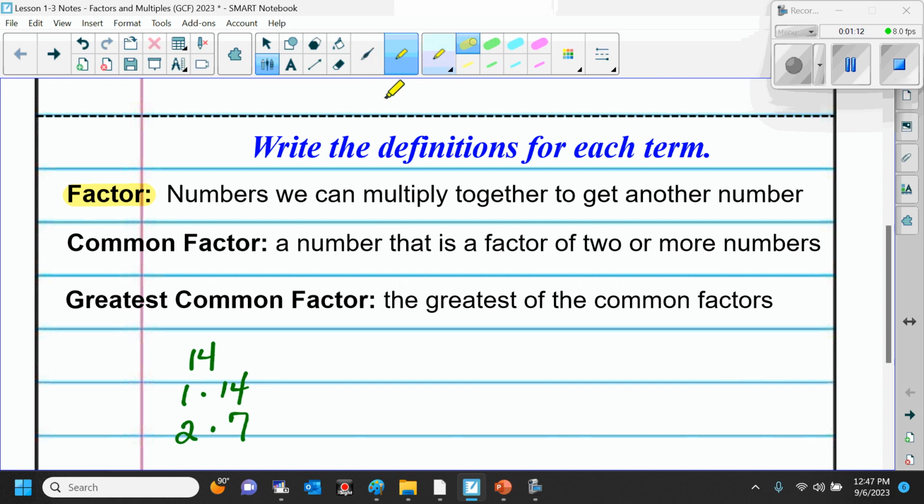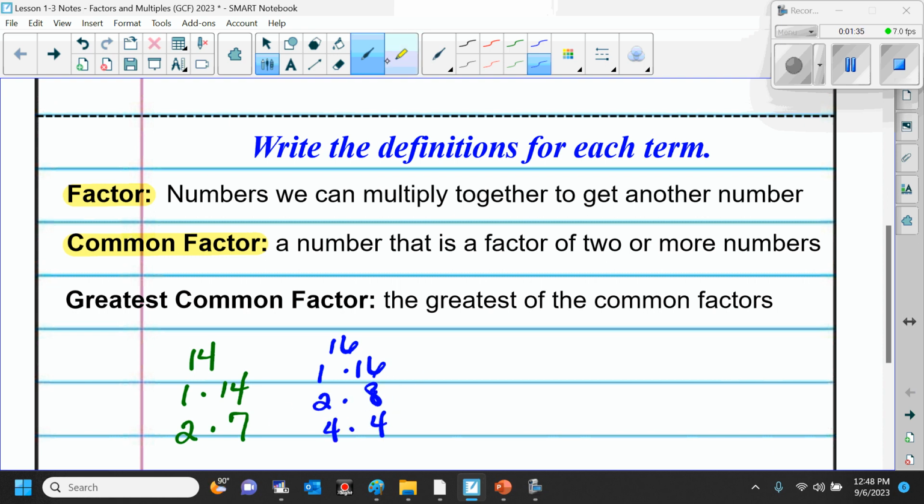Common factors. A common factor is a number that is a factor of 2 or more numbers. So let's say we had 16, and we have 1 times 16, 2 times 8, and 4 times 4.